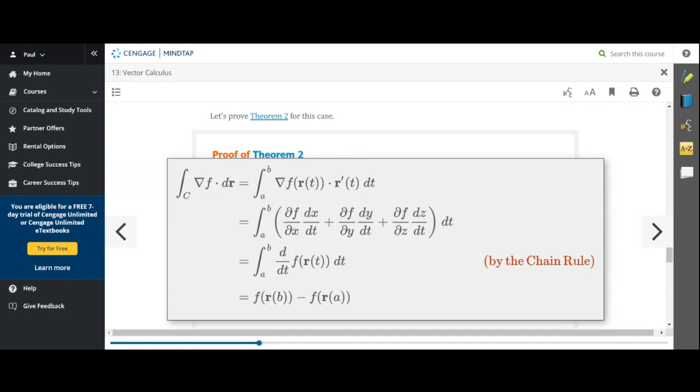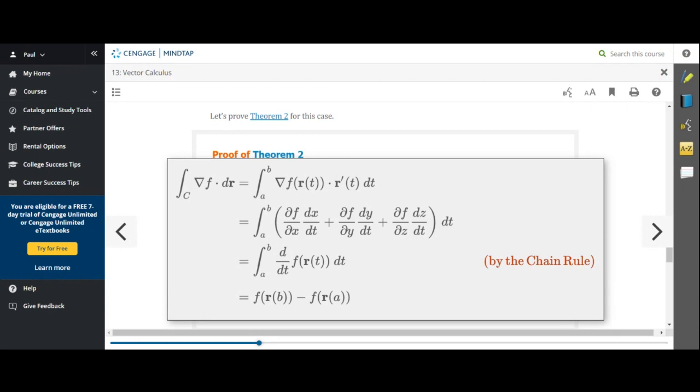But the dot product then of the gradient of the function at r of t with r prime of t is given in the second line by the partial of f with respect to x times dx dt plus partial of f with respect to y times dy dt plus partial of f with respect to z times dz dt.